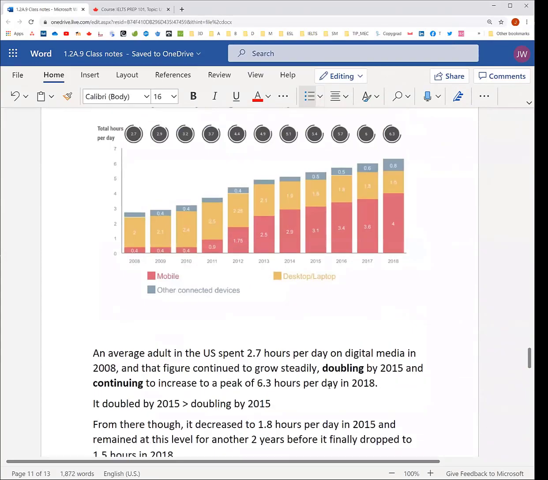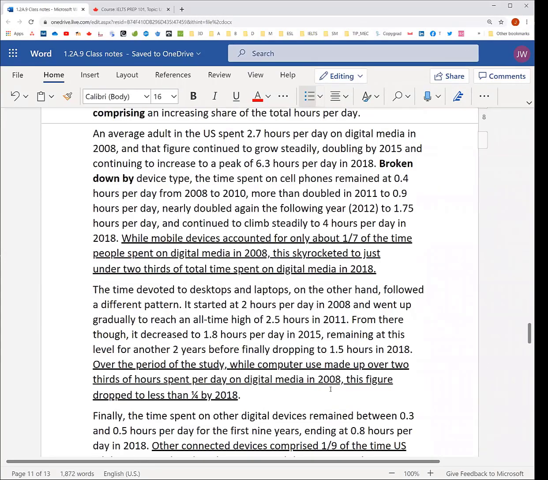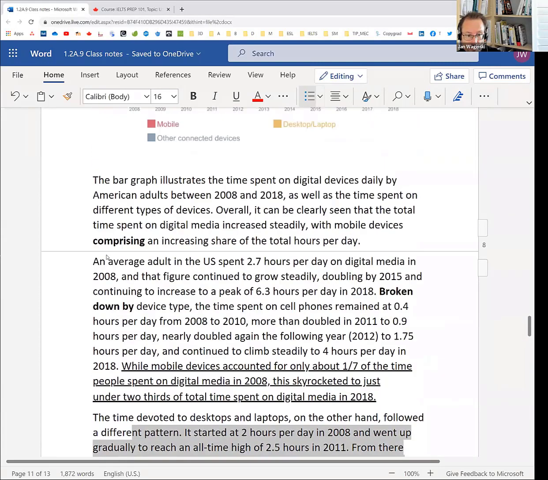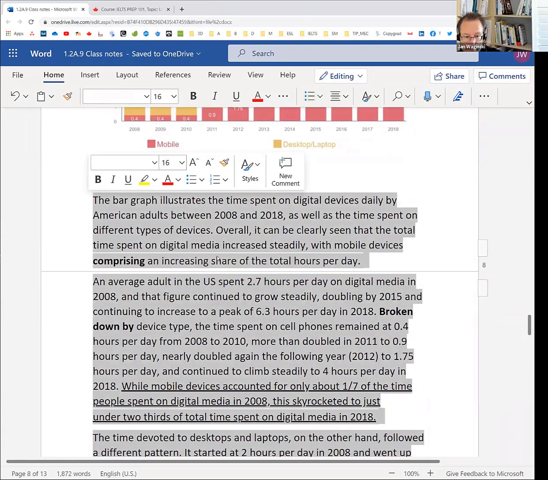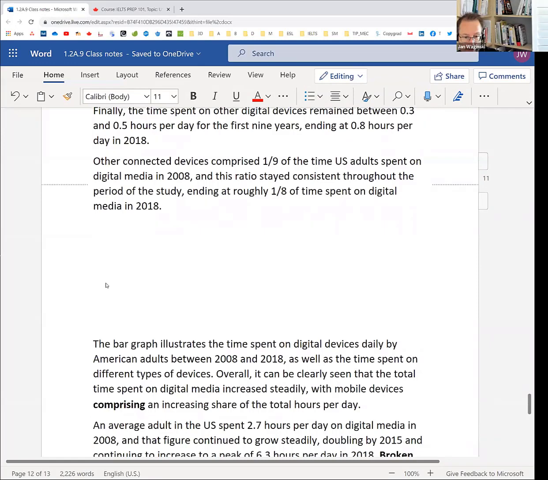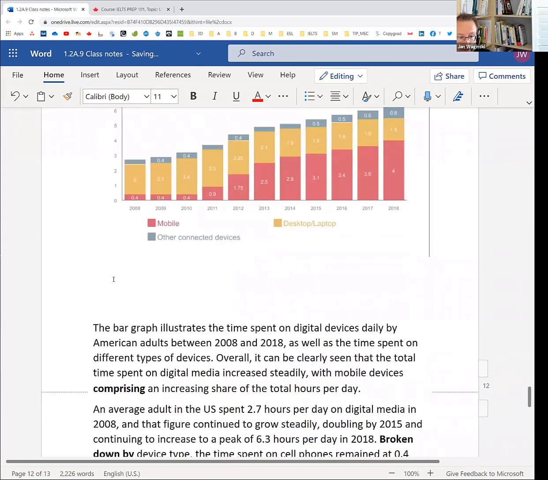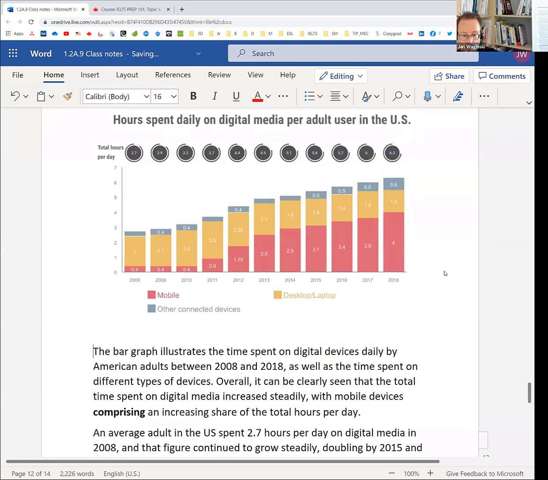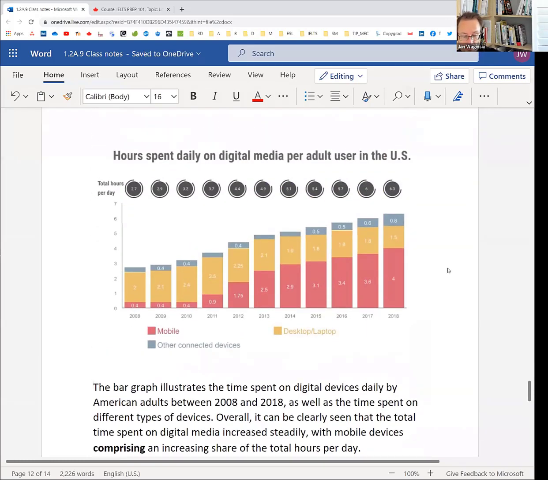Okay. So here, let's just take this and do what we did before. All I'm going to do is change our model into point form.